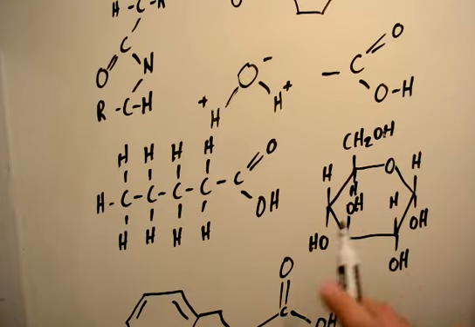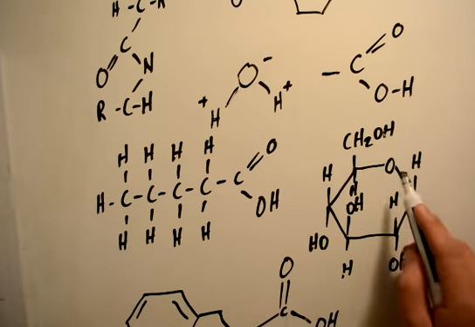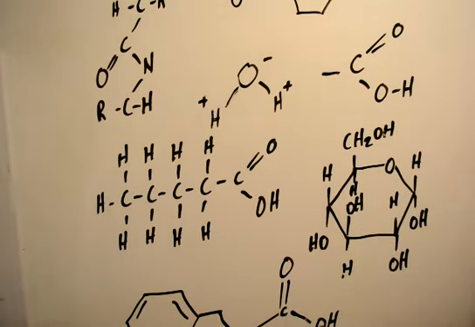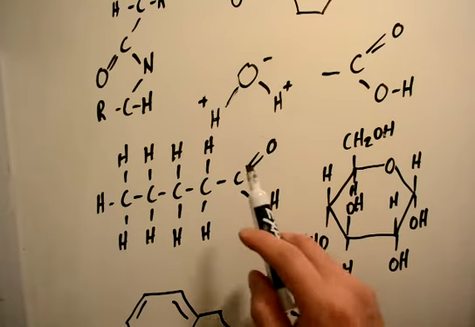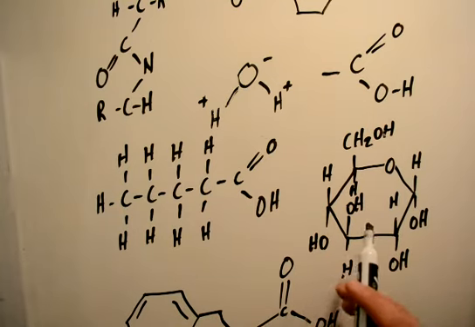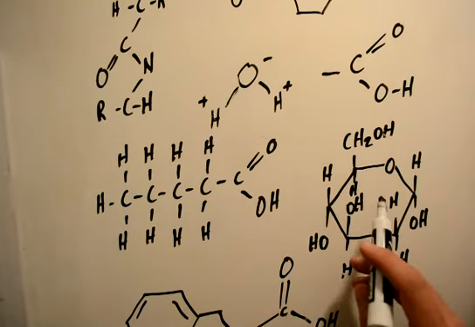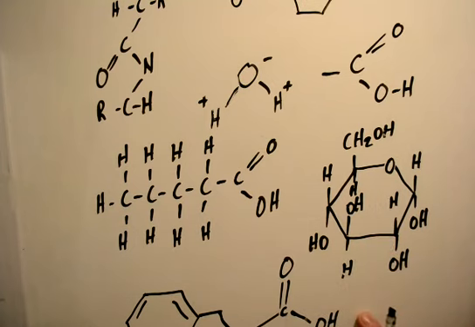Now, how many oxygen atoms does the one on the right have? So let's count the number of oxygen atoms. 1, 2, 3, 4, 5, and 6. So we know that there are 6 oxygen atoms here. We know that there's only 2 here. And we know that carbohydrates have a ratio of 1 to 2 to 1.